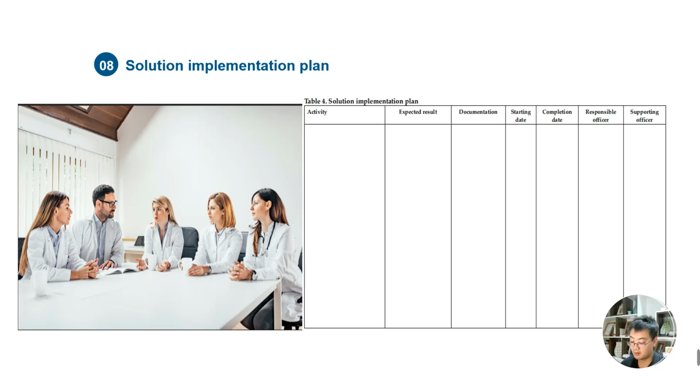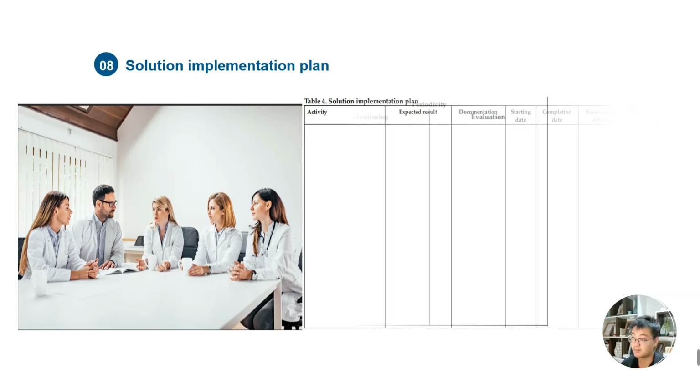Activity documentation is useful when evaluating the results of specified activities or progress towards achieving objectives. Prepare a Gantt chart and arrange the implementation process.